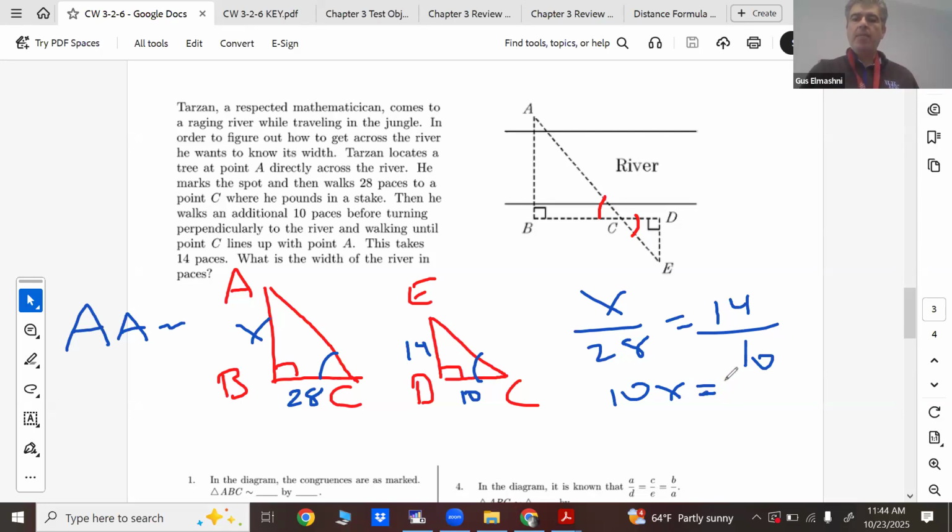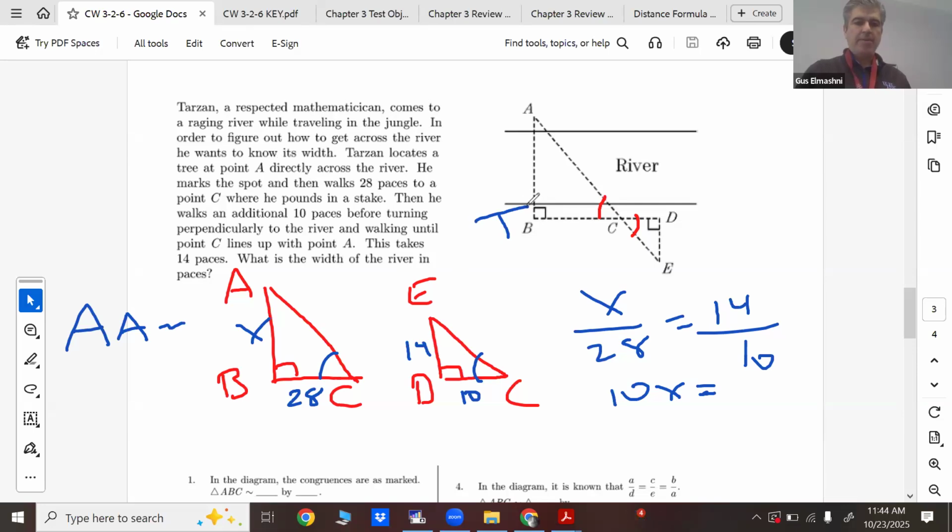I think the previous one was fine. He marks a spot and then walks 28 paces to point C from B. He marks a tree at point A. So Tarzan's right here. That's why it's confusing.